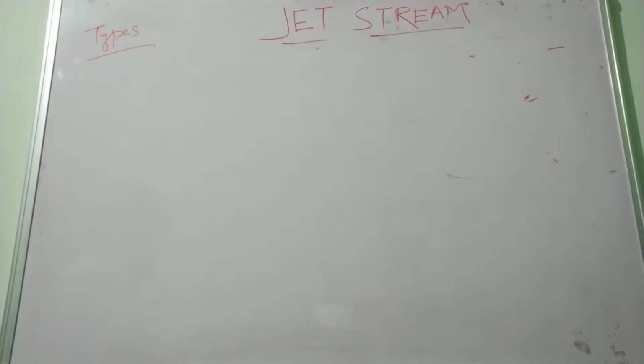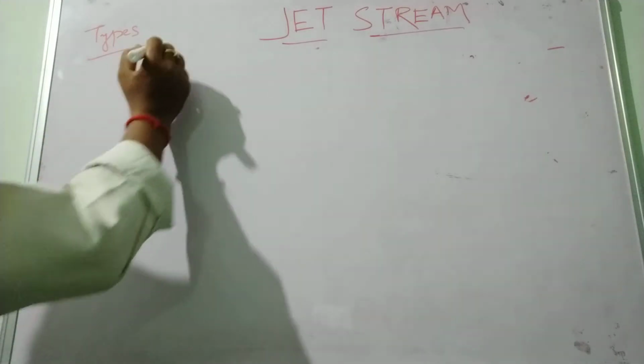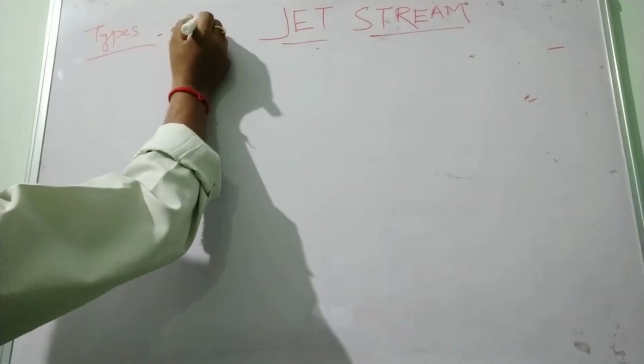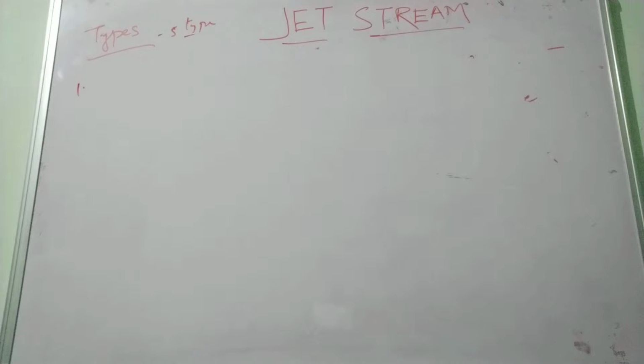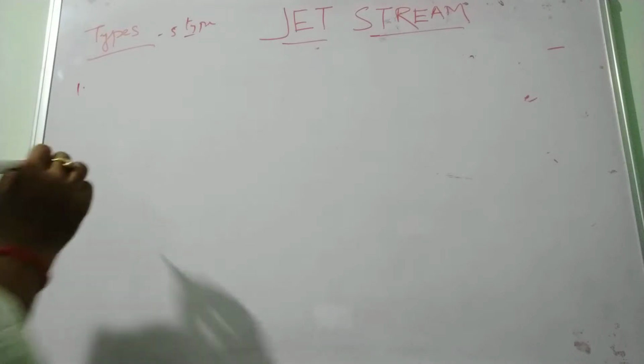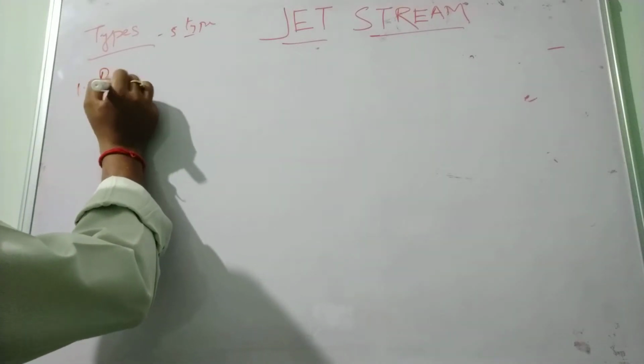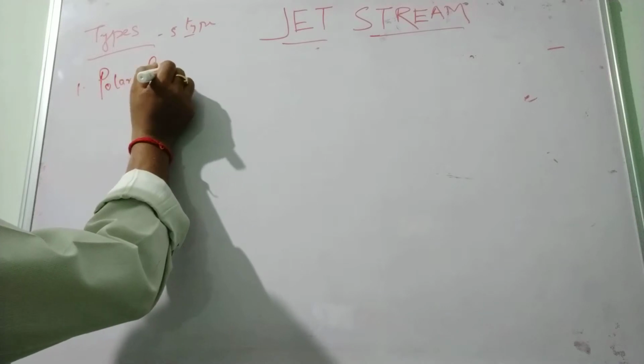Depending on the location, there are the following 5 types of jet stream. First is the circumpolar or polar front jet stream.